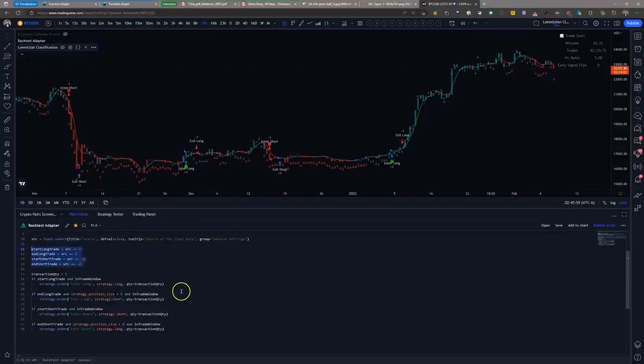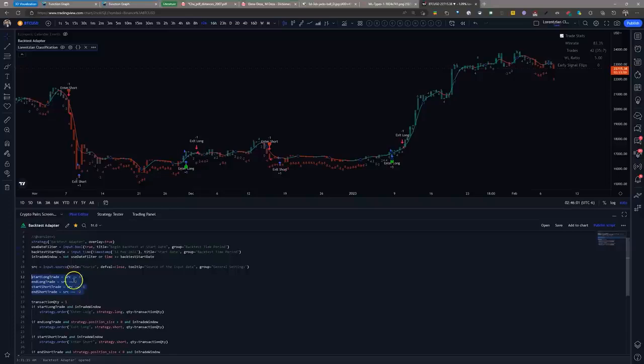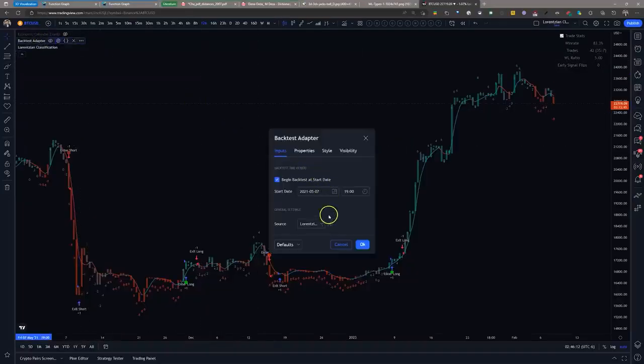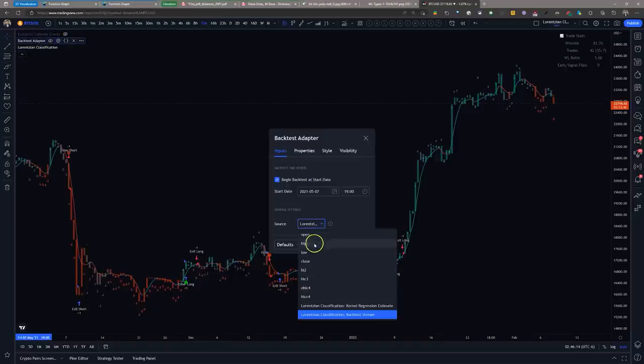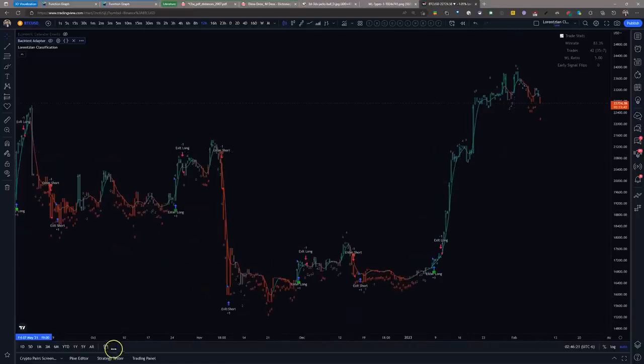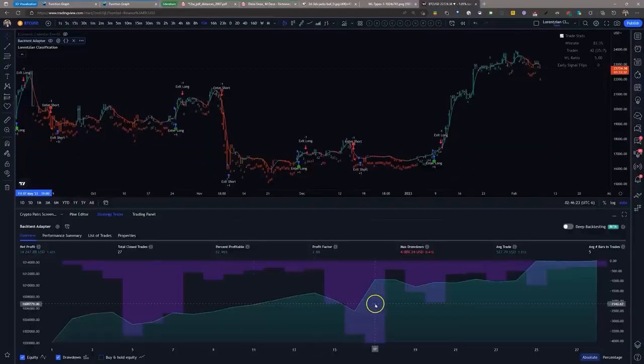Mainly these lines are probably the most important because it's what translates the actual integers over to your start and stop conditions. What you will do is basically load up your backtest adapter and then specify your source. By default, it will be close, but you want to select backtest stream, okay?